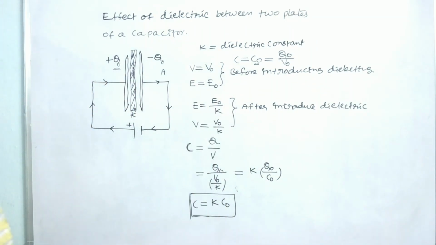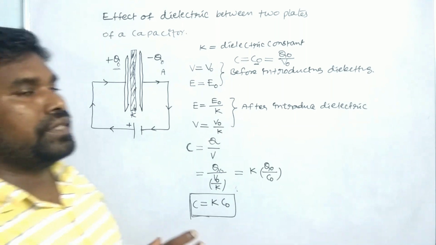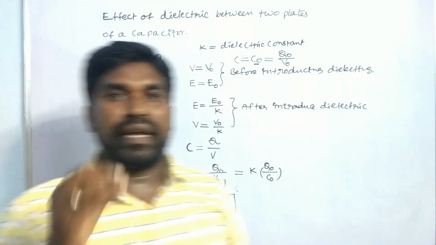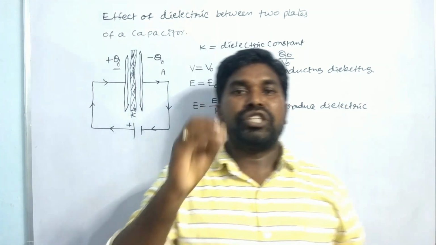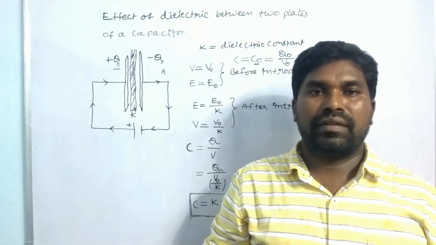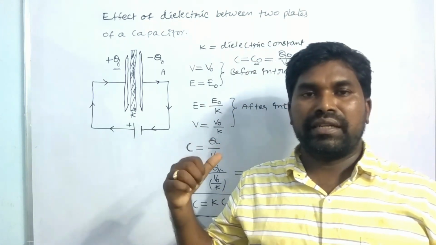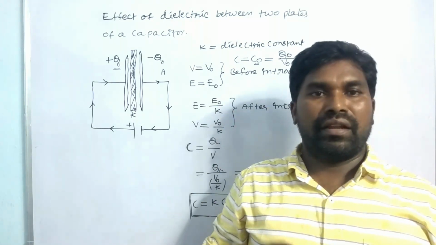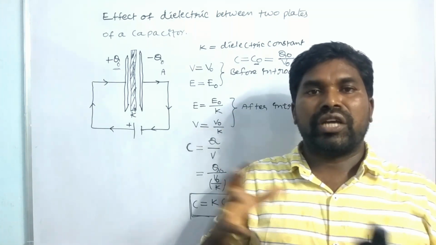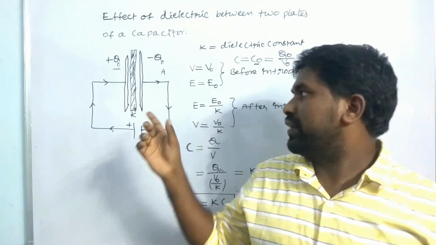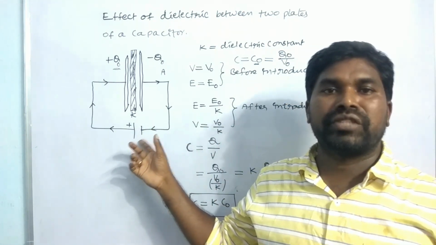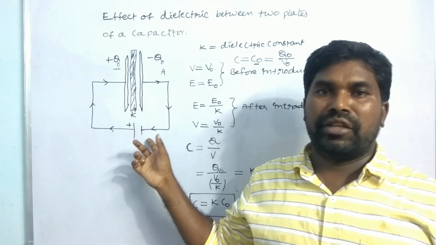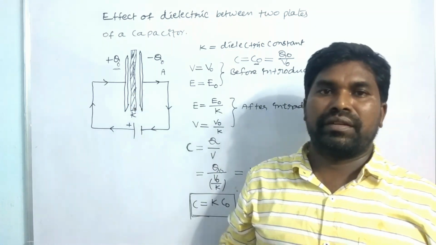Now we have to see the effect of the dielectric on the energy stored in a capacitor. Already we have seen the energy stored in a capacitor. Here there are two cases. The first case is when the charging battery is disconnected from the circuit: what will be the energy stored in the capacitor?